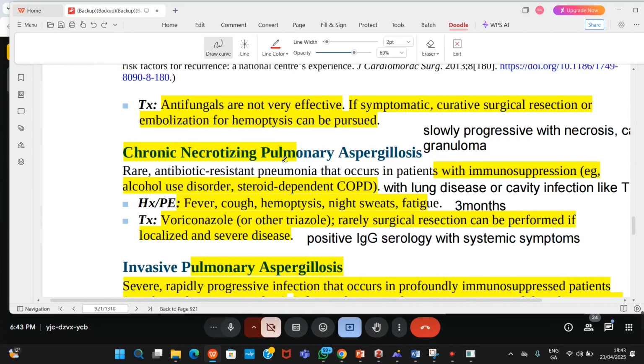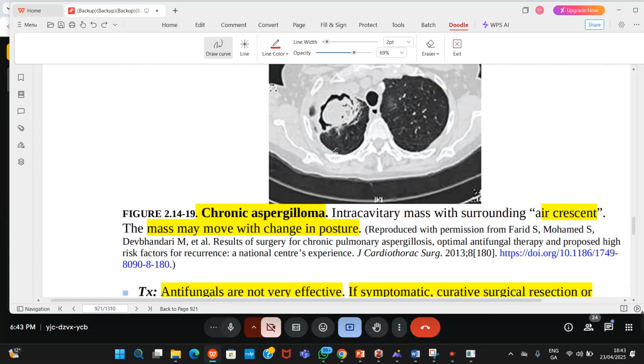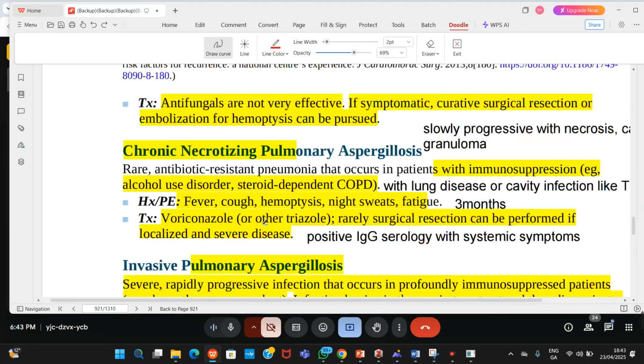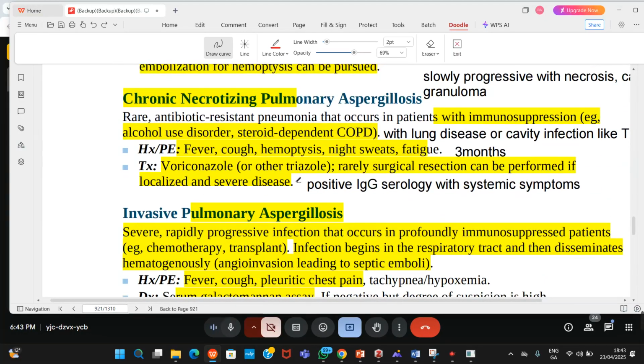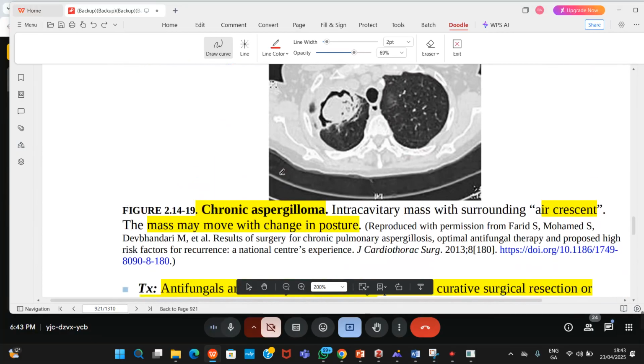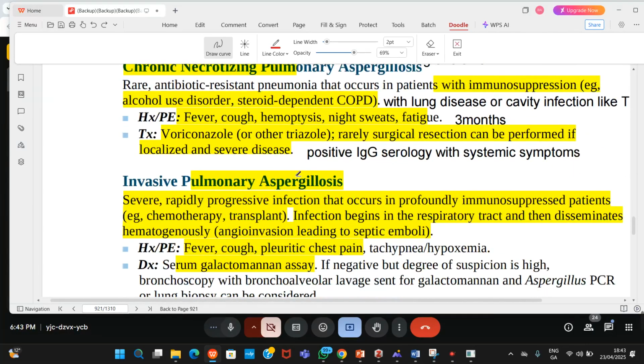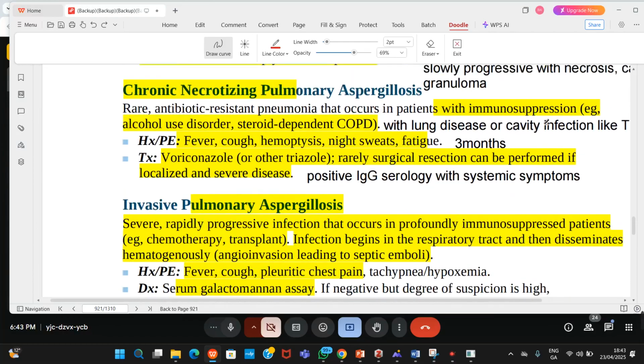There's also chronic necrotizing pulmonary aspergillosis. These people can have cavities too, but the cavities are usually from the effect of the aspergillosis, not like in aspergilloma, in which the fungus is just occupying the cavities. You are not going to see a ball of fungus within the cavities. You are just going to see different cavities in the lung because of the effect of the Aspergillus organism.